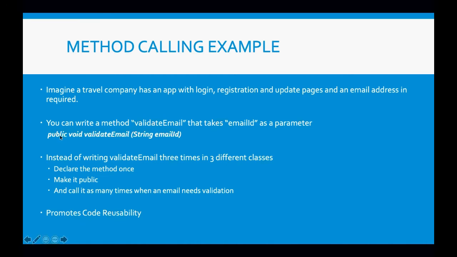I defined here public void validate email with the parameter string email ID. So instead of writing validate email 3 times, you can declare that method once, make it public, and then call it as many times as needed when you need to validate an email. This promotes code reusability because your method can be called anywhere in your application, as long as it is public or protected.